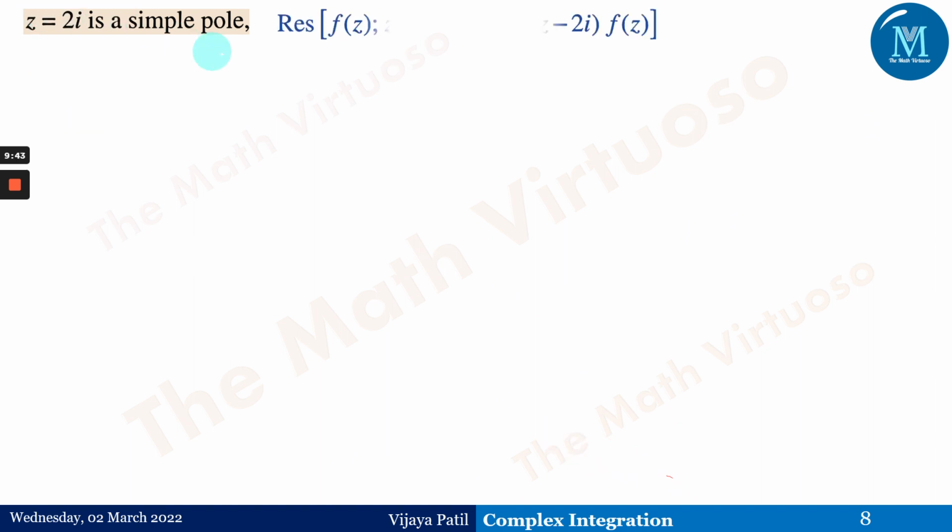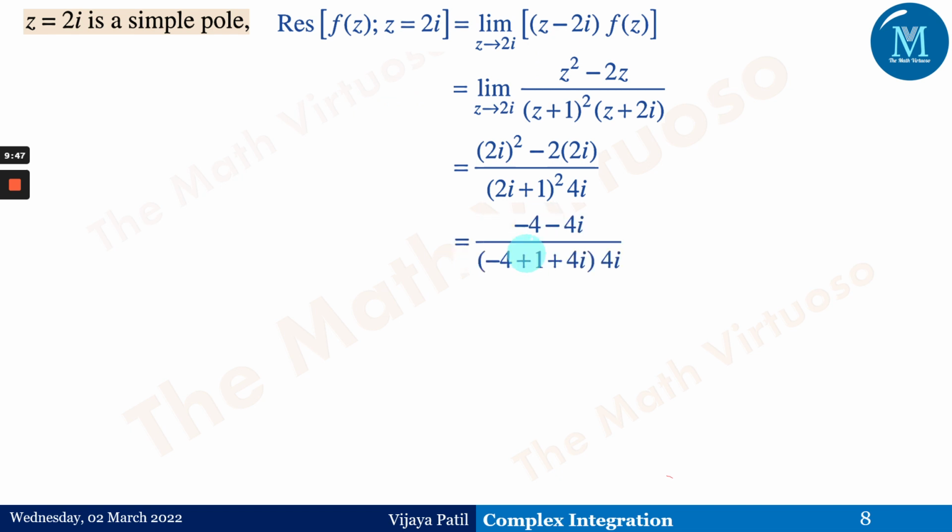Then z equals 2i is a simple pole. Again, because it is a simple pole, we can go ahead quickly, and it is nothing but z minus 2i times f of z. So this z minus 2i will cancel from the bracket over here, and what remains is z square minus 2z upon this. Now putting z equals 2i everywhere in this, we get it this way.